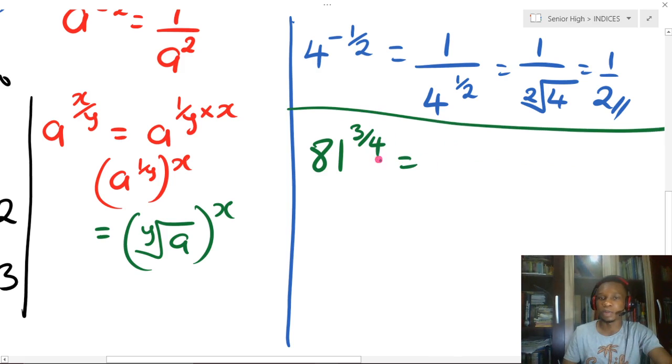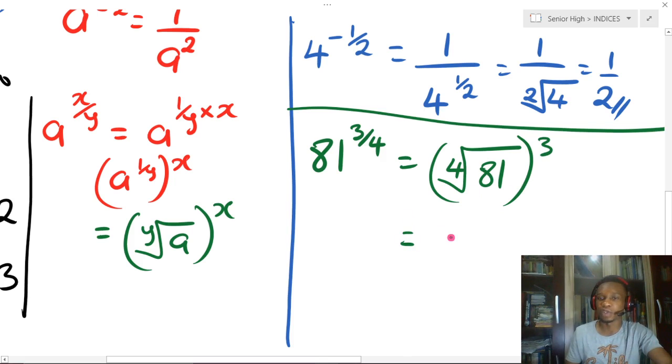It will become the 4th root, because here is the denominator, here is 4, so it will be the 4th root of 81 raised to the power of 3. The 4th root of 81 we got as 3, and 3 raised to the power of 3 is 3 times 3 times 3, which is 27.